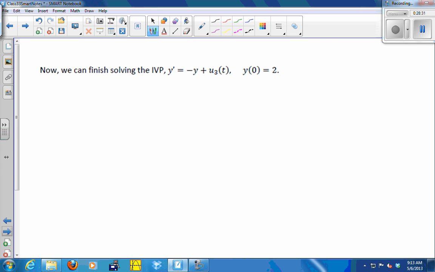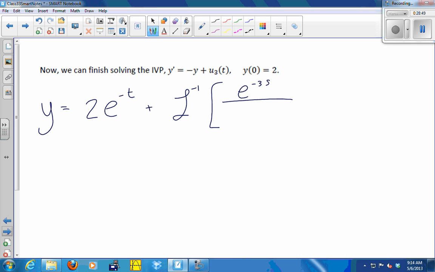So let's go back to that. We had left off right here. I said y equals 2e to the negative t plus the inverse Laplace transform of e to the negative 3s over s times s plus 1.